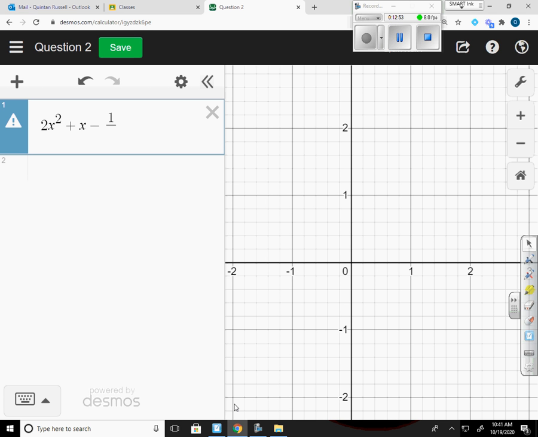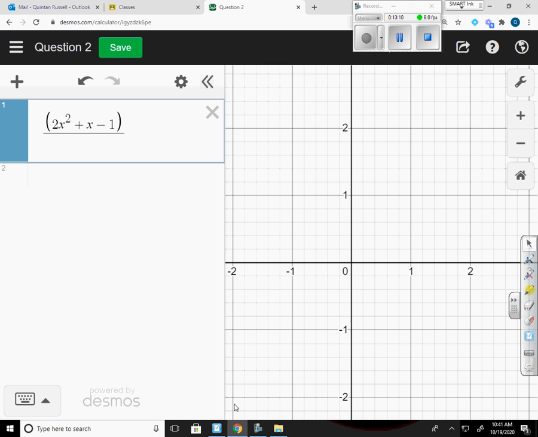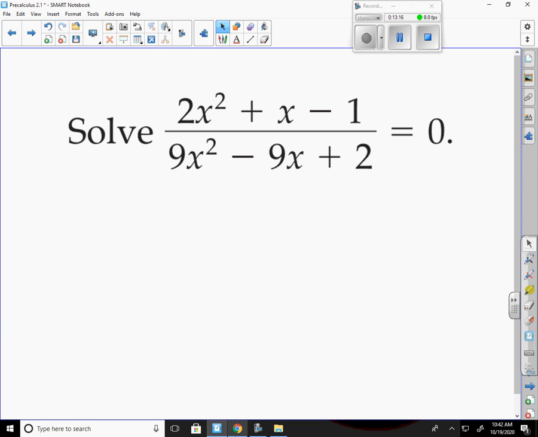So I see that now I have it minus 1, and whenever I do the division sign, it's just going to be 1 over the thing. I need the whole thing to be divided. So I have to put these parentheses in. And now when I push the divided by sign, you see it all goes up to the top. And I can finish my bottom out. 9x squared minus 9x plus 2.